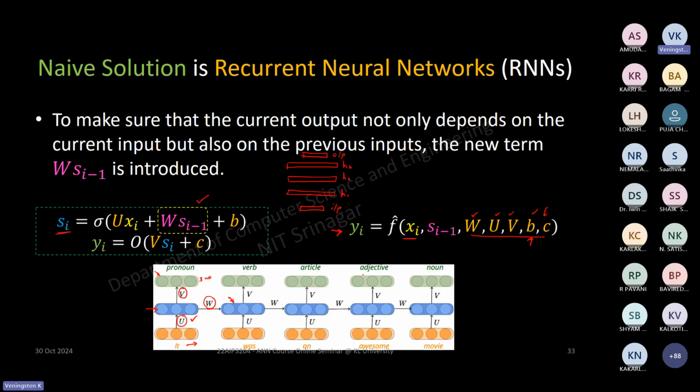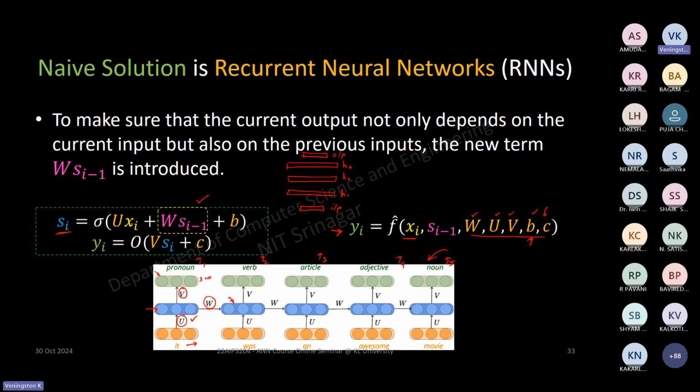For example, as you can see from the architecture shown in this slide, there are 5 time steps: T1, T2, T3, T4, and at time step 5 we have completed reading the input, and we have also, in parallel, assigned the appropriate part of speech tag.